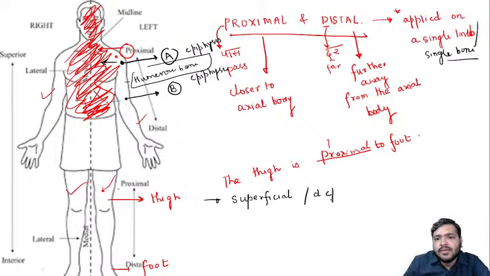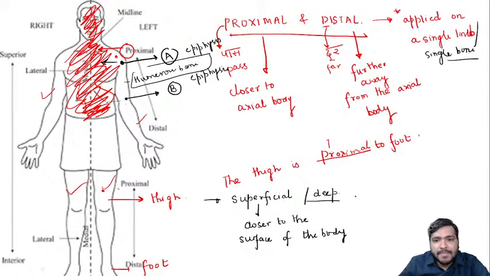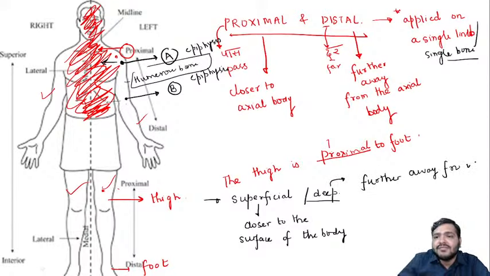Remember, superficial basically means it is closer to the surface of the body, and the deep one basically means that it is further away from the surface of the body.